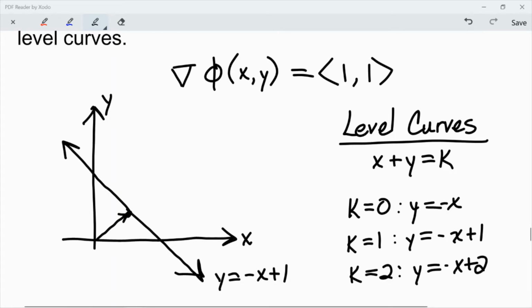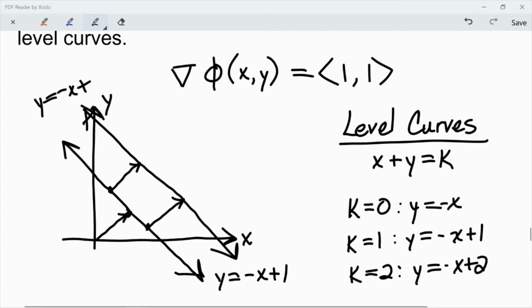Okay, and then we can do the same thing up here. We would have anywhere along this line, y equals negative x plus 1, a vector 1 unit in length, and we'd have another level curve here, right? So we could plot a bunch of these, but you get the idea. This would be y is equal to negative x plus 2. Okay, and we could keep going with that as far as we need to go.